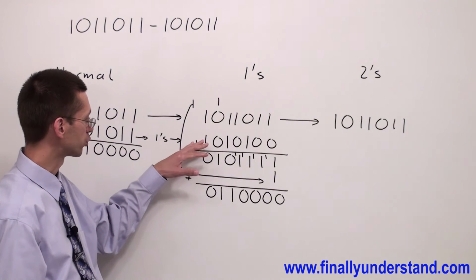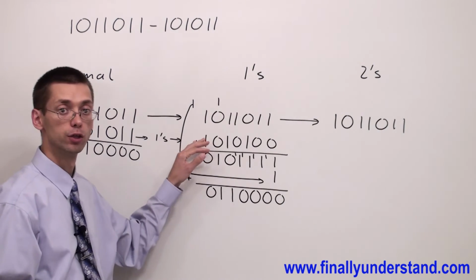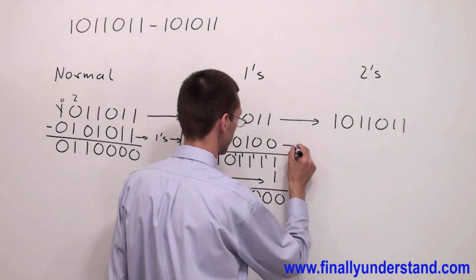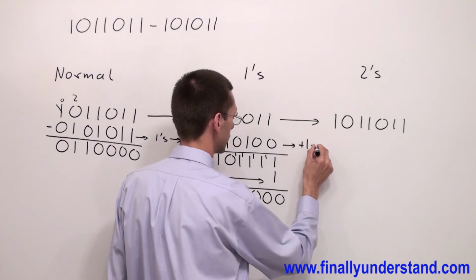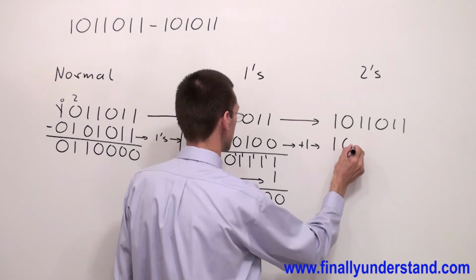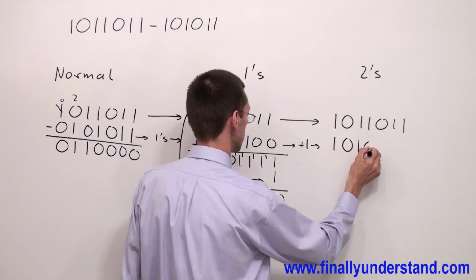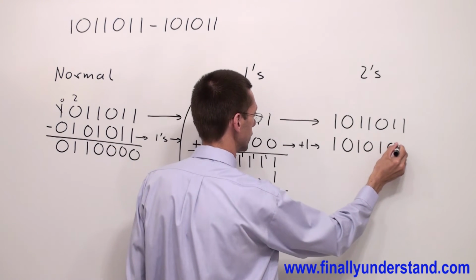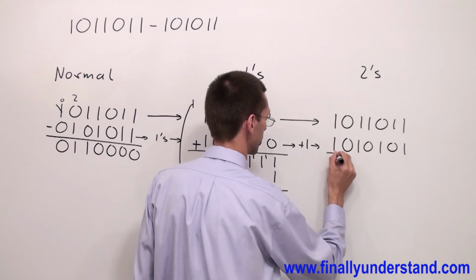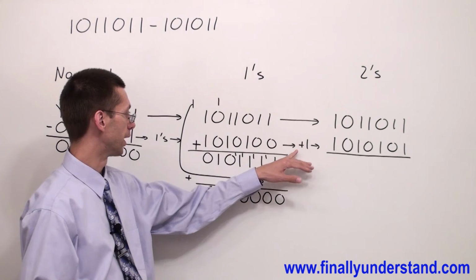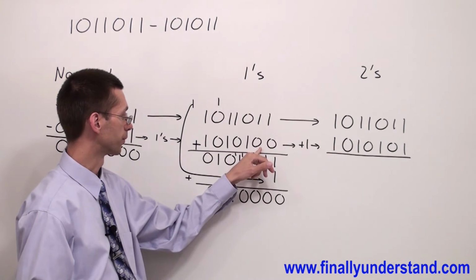In order to find 2's complement, you're supposed to add 1 to 1's complement, so it's like plus 1. I'm going to have 1, 0, 1, 0, 1, 0, 1. Okay, this is the number which you will get by adding 1 to this one.